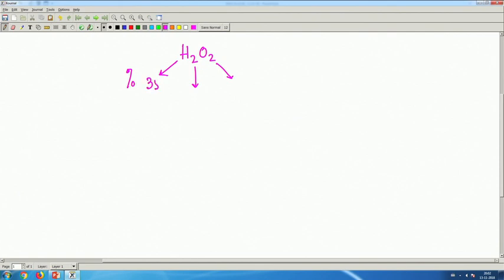It is available as a 35% variety or 50% variety or a 70% variety in aqueous solutions. This molecule is very important from the chemistry point of view.